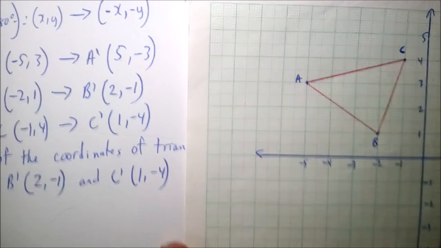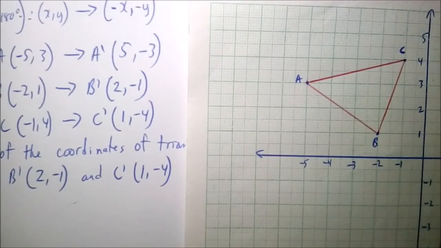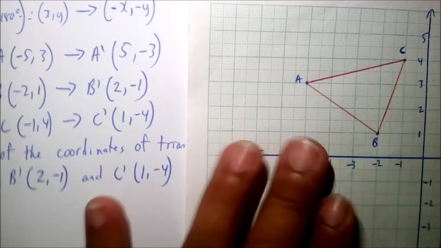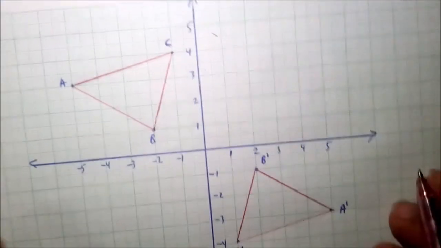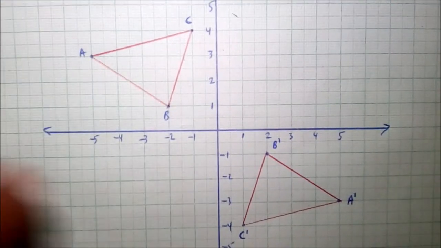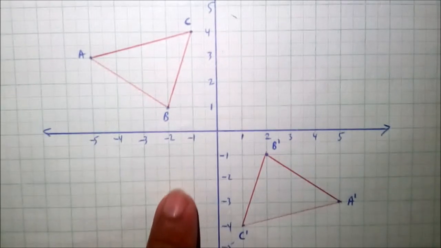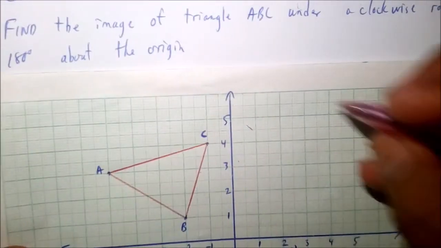So that is our object, and I want you to be able to draw this diagram so that when we do another activity you could refer back to this. Let me write this down. Rotation.